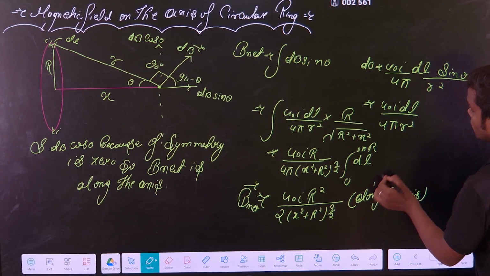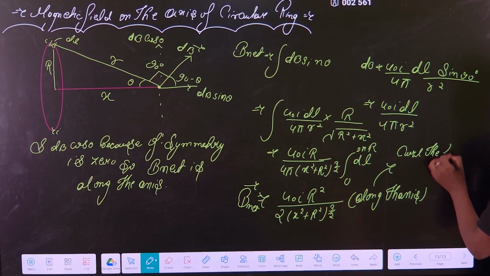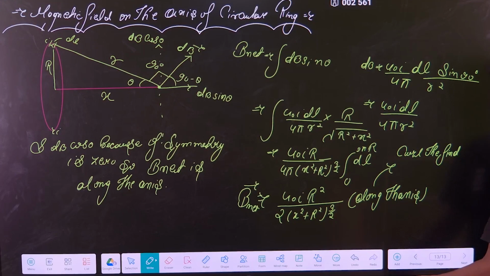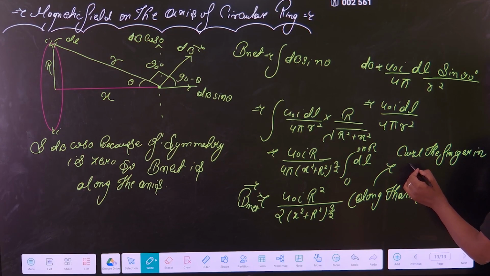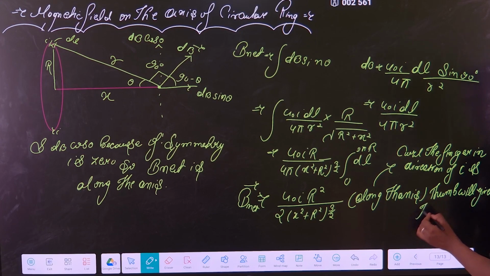How will you find the direction? The rule is very simple. For this, curl the finger in the direction of current, and the thumb will give the direction of B. Correct?